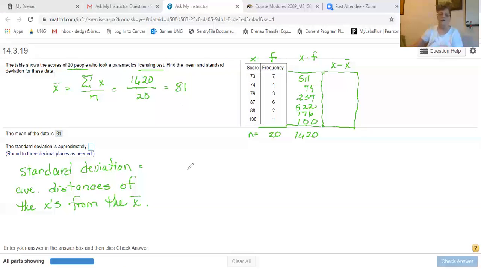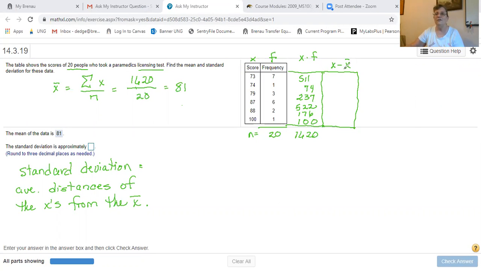To prevent a negative distance from simply canceling out a positive distance, so that it would appear that the average distance was always 0, just like if everybody made an 81, that's not what we're wanting. We're wanting to take the actual distances. So if a bunch of people make 3 less than 81 and a bunch make 3 more than 81, we want to show that the average distance was 3.